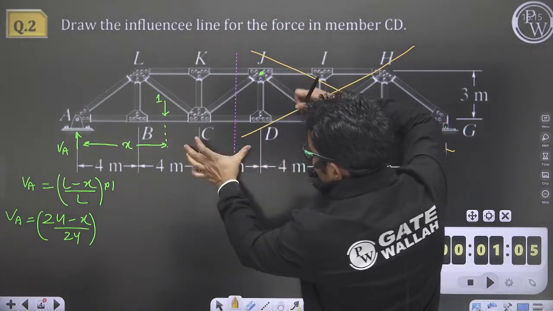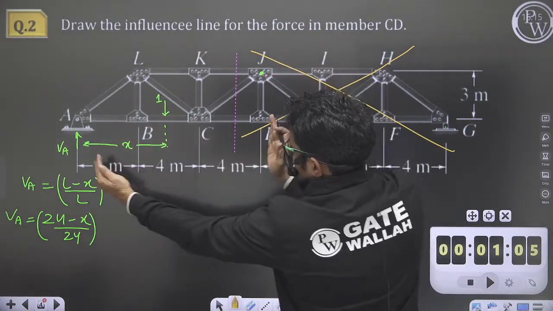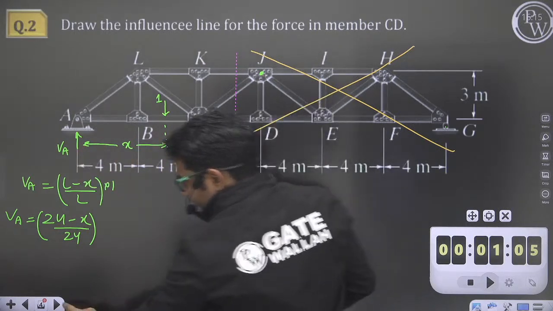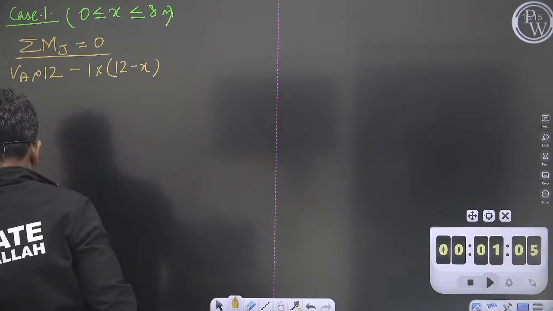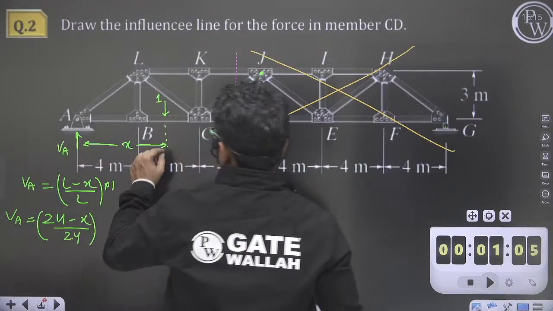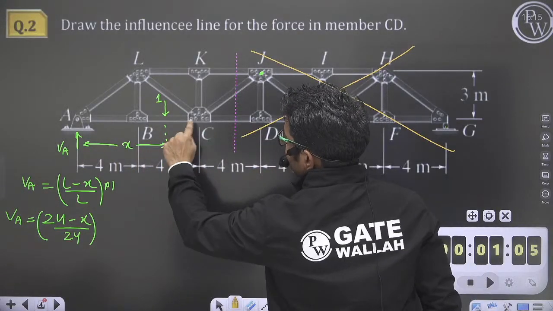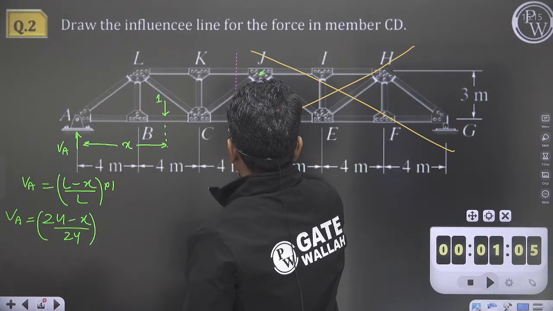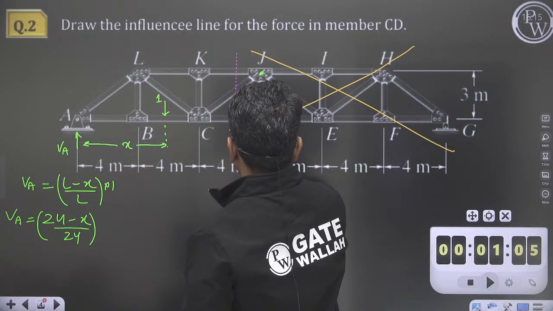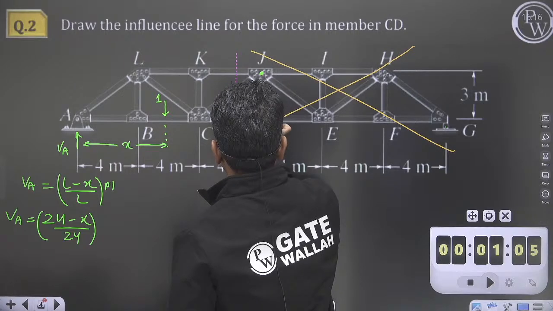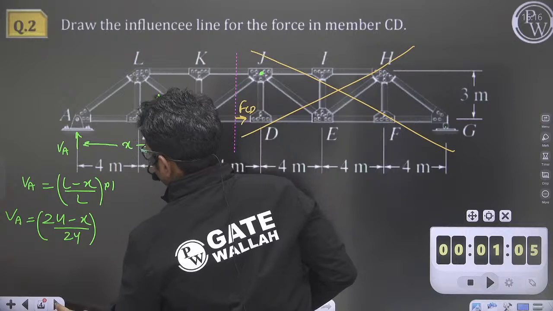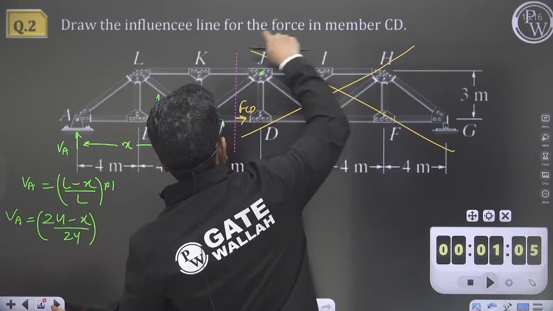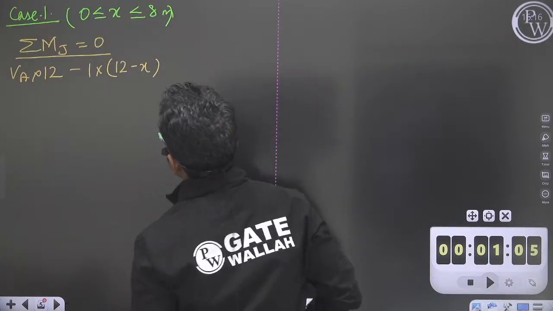The whole distance was 12, so the distance will be 12 minus x. And for the moment because of force in member CD, let us take this as tensile. This is FCD, so FCD into perpendicular distance 3. This is also anti-clockwise, so minus FCD into 3.